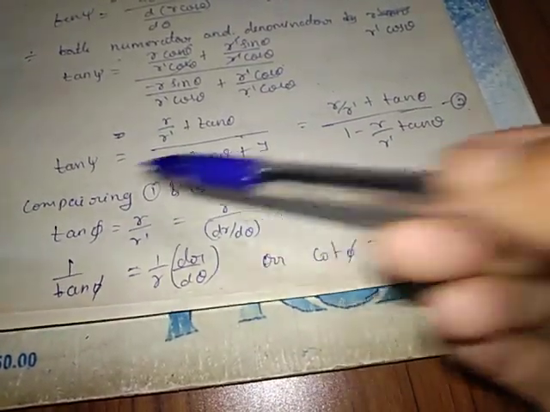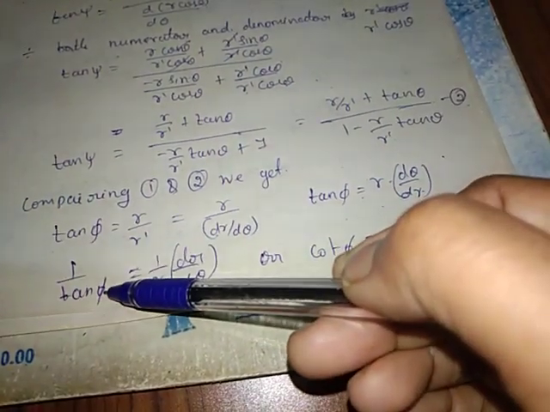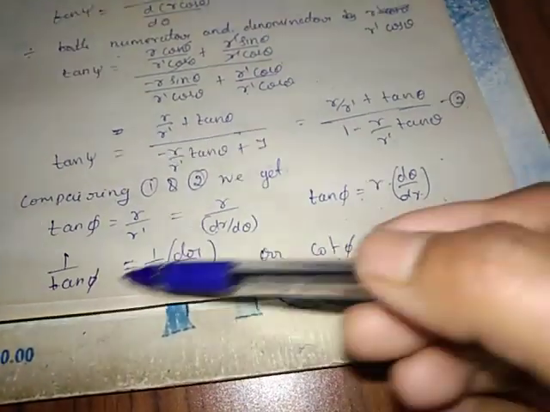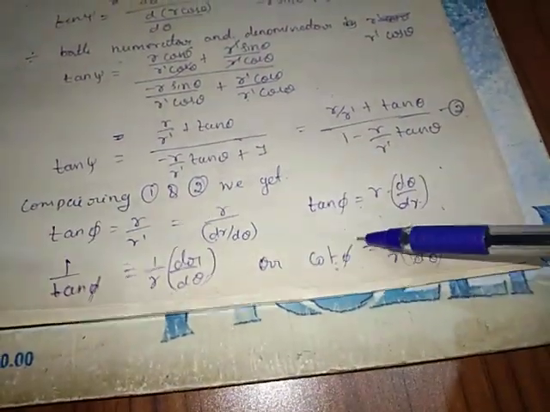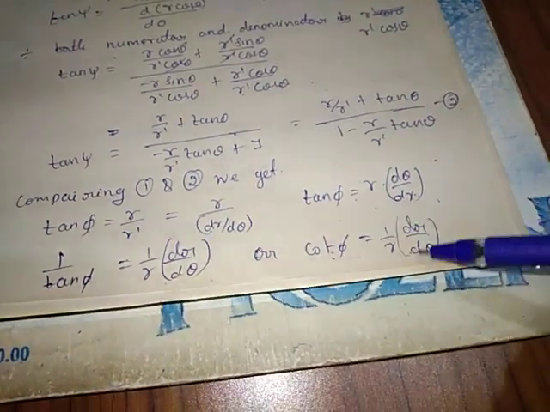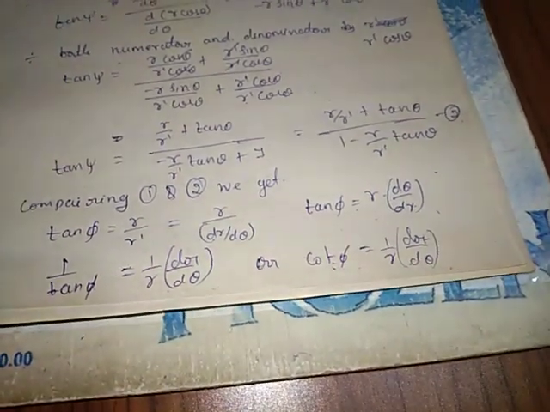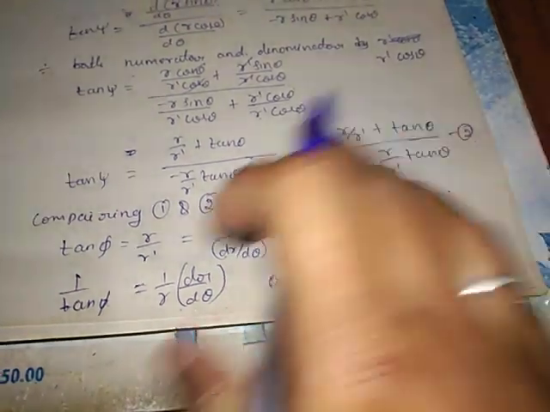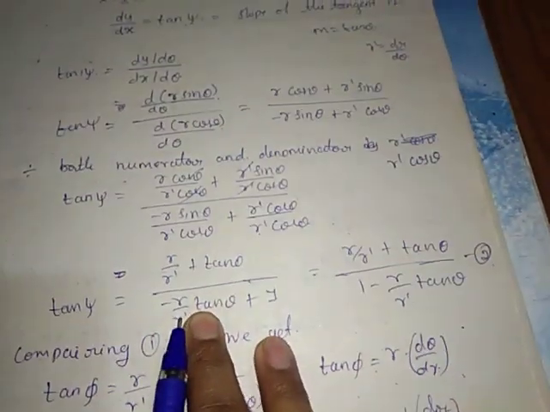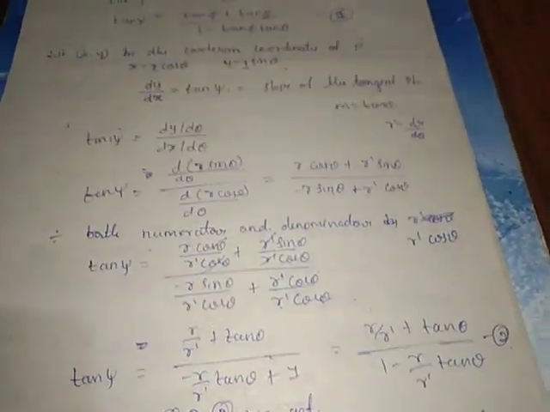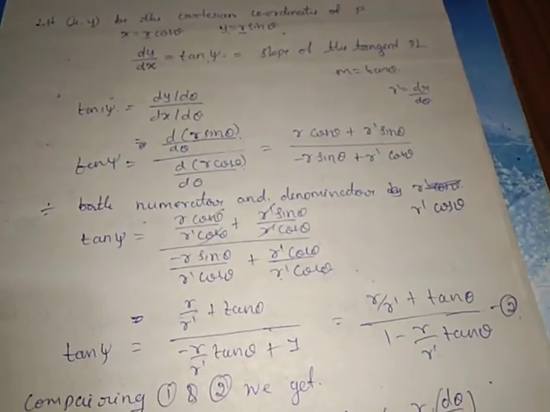We can also write the reciprocal of tan as cot. Therefore 1 by tan phi, which is cot phi, equals 1 by r into dr by d theta. That is the relation for the angle between the radius vector and the tangent of the polar curve.